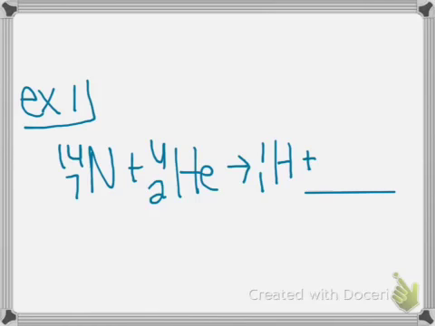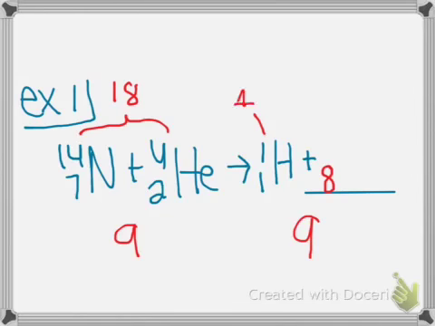So in order to find this, let's do the bottom number first. So 7 plus 2 on this side is 9. So we know that this side has to equal 9 also. We have 1 already, so 9 minus 1 is 8. So we know the bottom number here is 8. On top here we have 14 and 4, which equals 18, and here we have 1, so we can do 18 minus 1 equals 17. So we know the number up top here is 17. So if we look at our periodic table, the element with atomic number 8 is oxygen, and so that's how you would do this transmutation.